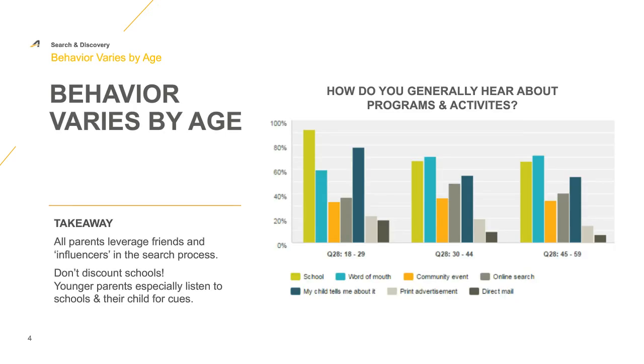If you weren't able to join us for our previous webinars, we have lots and lots of research loaded up in those webinars. We did a survey this year of over 1,900 parents all across the country, and we asked them how they generally find programs and activities. And we asked them a lot about their tendencies when they're doing search, who they listen to in terms of their influencers.